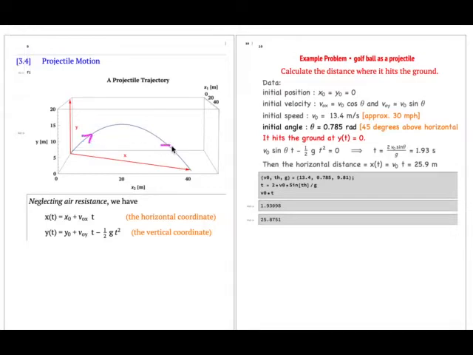It'll continue going off in the same direction down the soccer field, and it'll land at some point on the surface of the Earth. So we need a coordinate in the y direction to describe the vertical position, and we need a coordinate in the x direction to describe the horizontal coordinate.